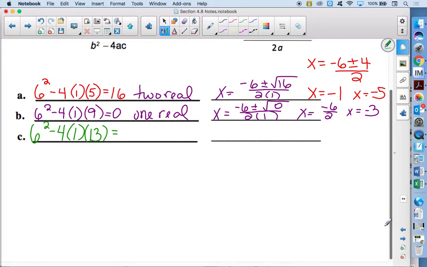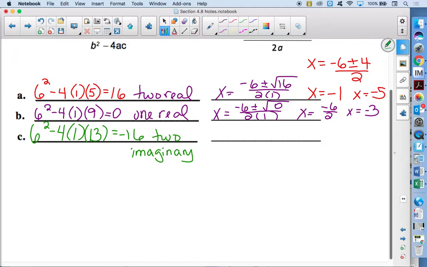Anyone know what that number is? Brandon? Negative 16. So what does that tell you about your solutions, Brandon? There are two imaginary solutions. Right, so this would be 2 imaginary solutions.